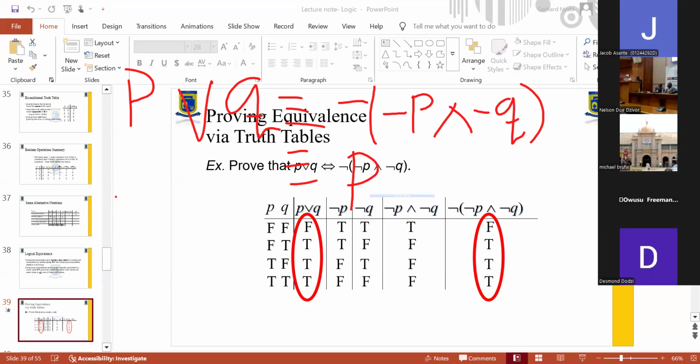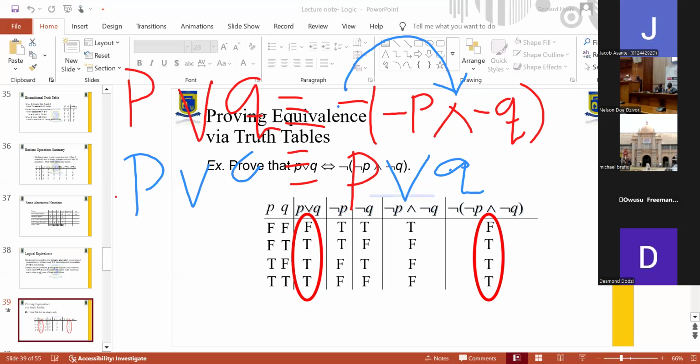This negative is now going to affect this sign. So the very moment this negative affects this sign, it will change to what? Or. Negative will now affect negative Q to give us positive Q. So when we expand this, we will still get P or Q, which is equivalent to P or Q.